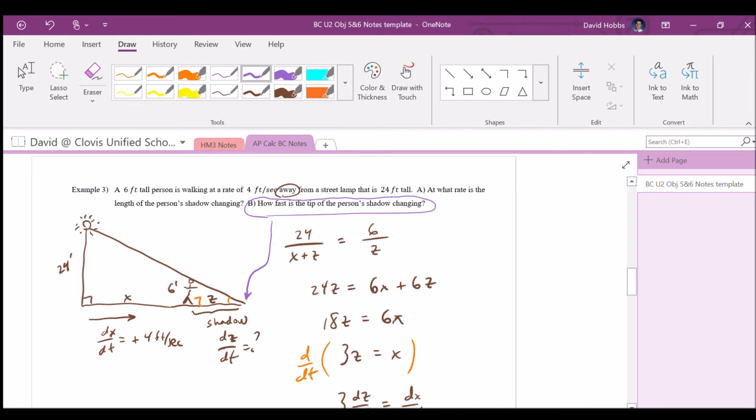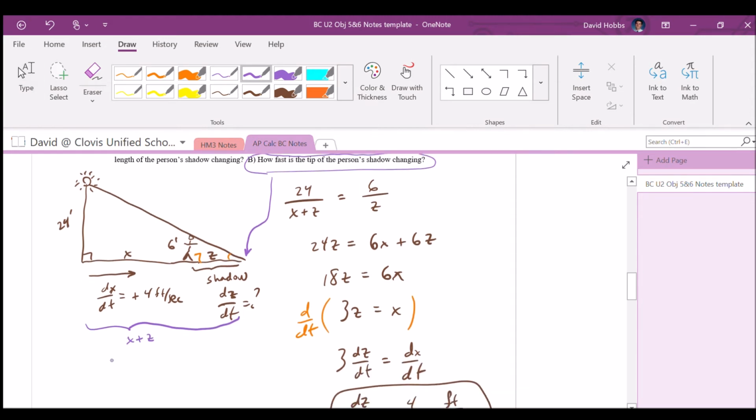Okay, now we could redraw this and set it all up all over again, but the reality is we could also figure this out pretty quickly because the tip of the shadow is right there, so the variable for that length right there is x plus z. So what we really want is the derivative with respect to time of x plus z, which is simply dx/dt plus dz/dt.